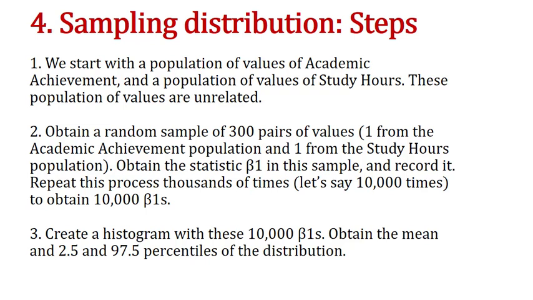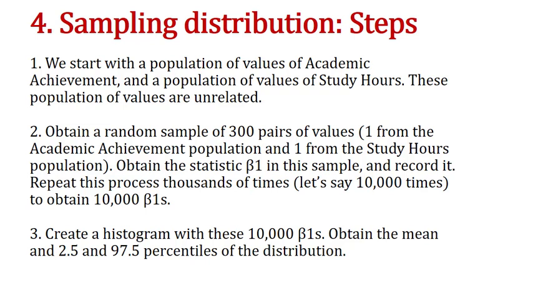Okay, so we start with a population of values of academic achievement and a population of values of study hours. And these populations of values are unrelated. Okay, so then we obtain a random sample of 300 pairs of values, one from the academic achievement population and one from the study hours population.